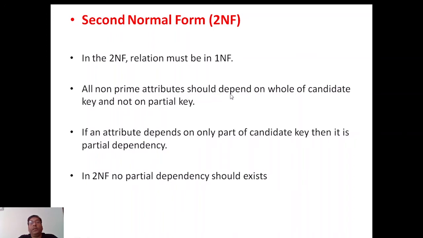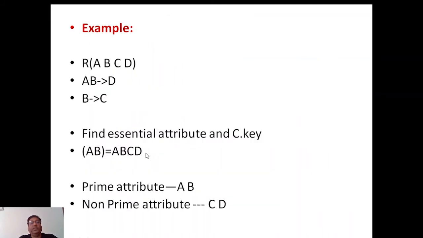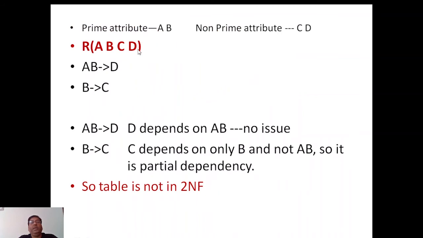If an attribute depends only on a part of a candidate key, we call it a partial dependency. In our case, AB is our candidate key. D depending on AB is not a problem, but C depending only on B and not on AB is going to be a problem, which we call a partial dependency. And if there exists a partial dependency in our relation, we say the relation is not in second normal form.